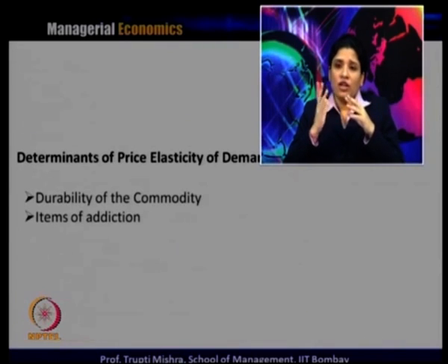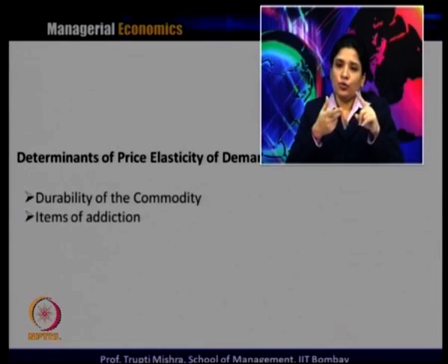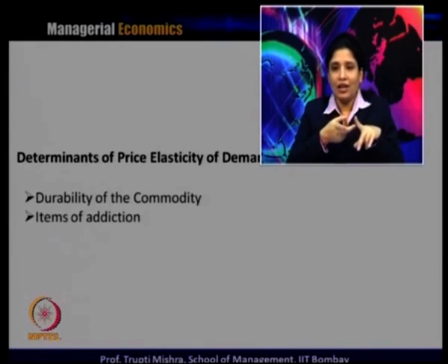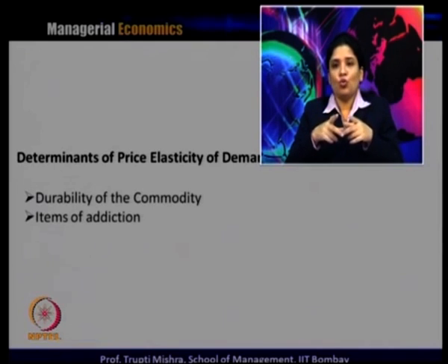Apart from this, there is one more factor, the usability of the goods. Like if you take the case of energy, electricity, you use it for cooking, for lighting, for your comfort goods, for your laptops, for various reasons. So when there is a change in the price of electricity, people will be more sensitive because the consumption is more, because it is for multiple usage.